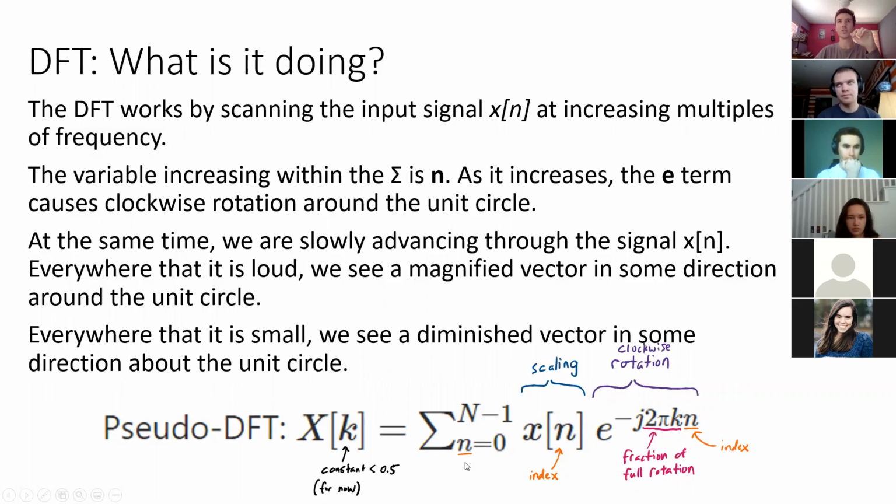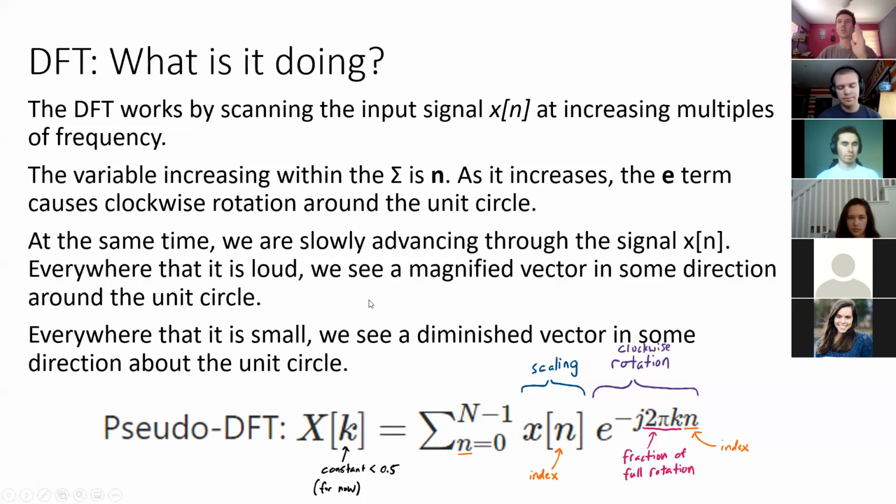The variable of interest here is n. As it increases, this e term causes rotation, because remember, e to the imaginary is just a rotation by that amount. So it causes this clockwise rotation around the unit circle. I'm doing clockwise wrong, but yeah.